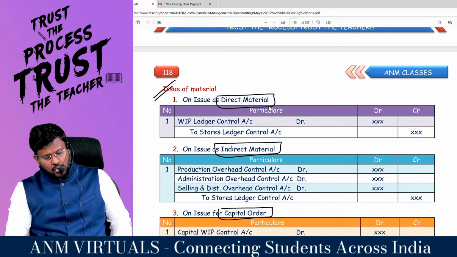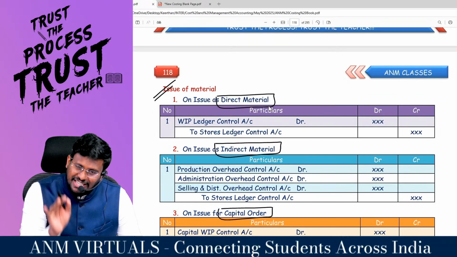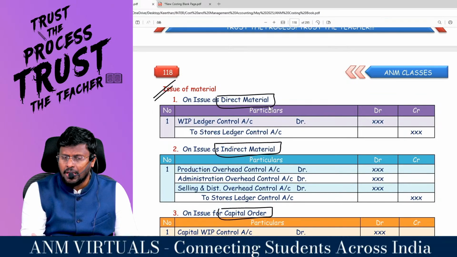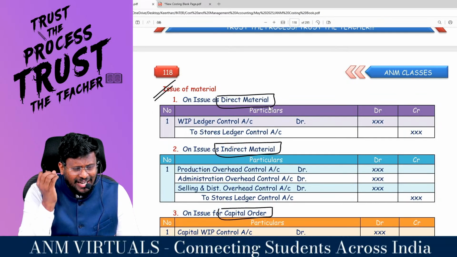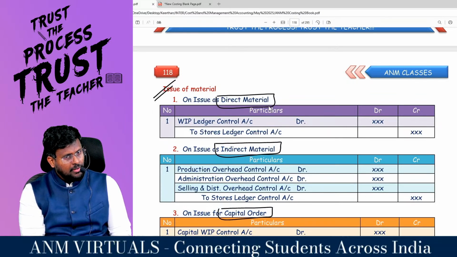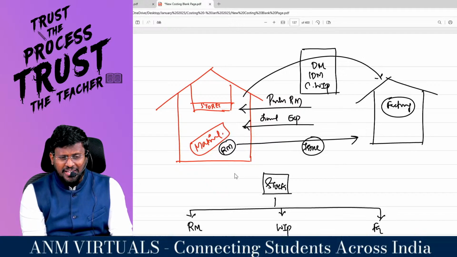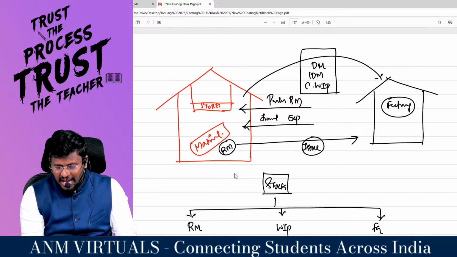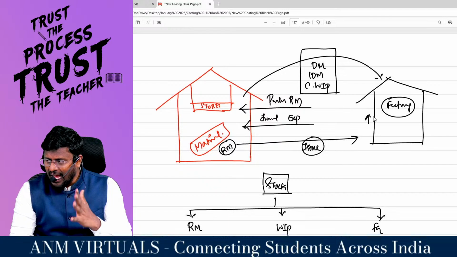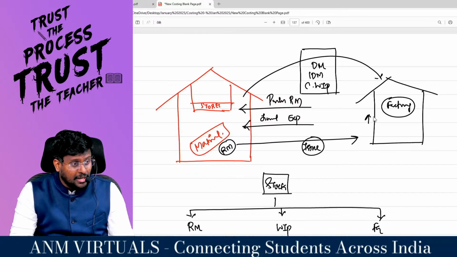Understanding? So my dear lovable students, when you issue direct material for the purpose of production to the factory, what will happen to that direct material? It will become WIP. It will reduce the raw material balance in the stores and it will increase the raw material balance in the factory. I don't have factory overhead control account. I am having production overhead control account.